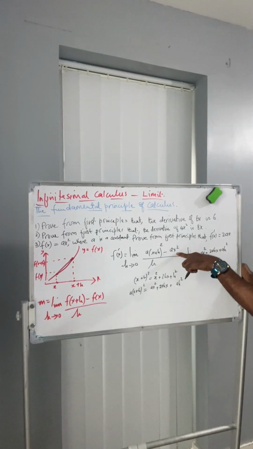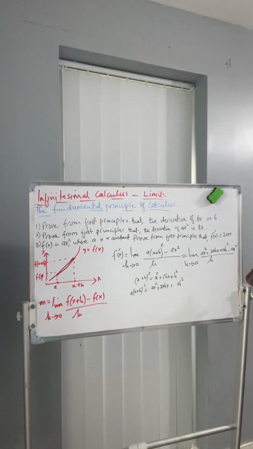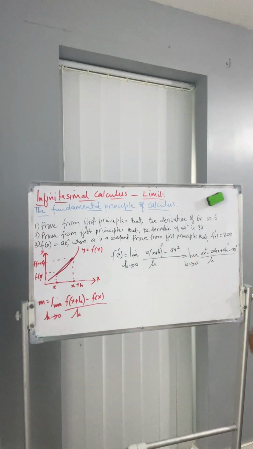Then I'm bringing this minus now. Minus ax squared all over h. I hope it's clear from this point. Yeah? So that is what you get.